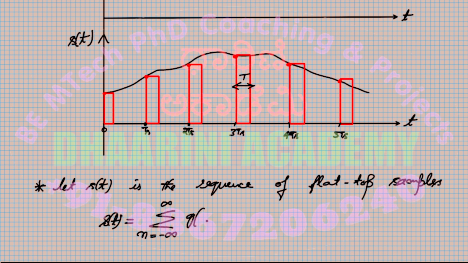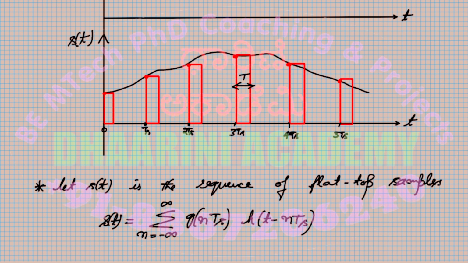The g of n Ts remains as it is, only the function is changed now. It's not the delta function, it's not delta of t minus nTs, you denote it as h of t minus nTs. So h of t is my rectangular pulse repeated every time, starting from minus infinity to plus infinity.